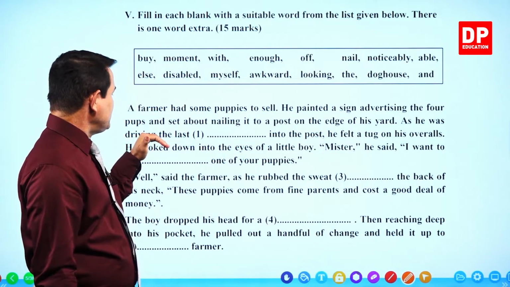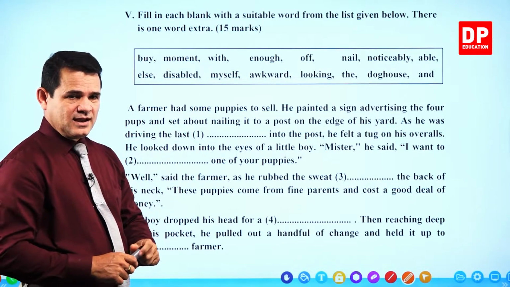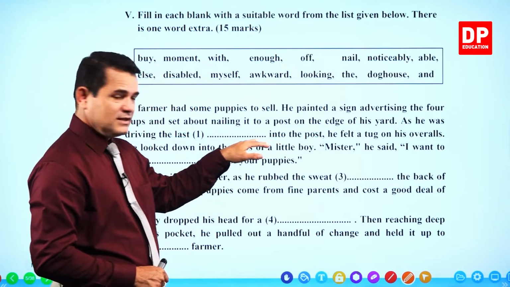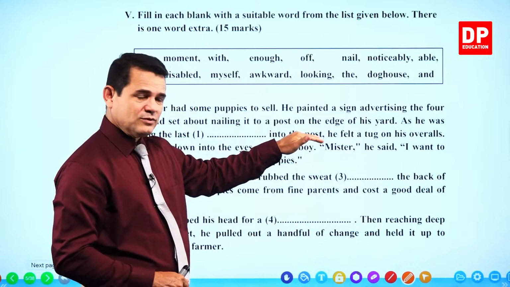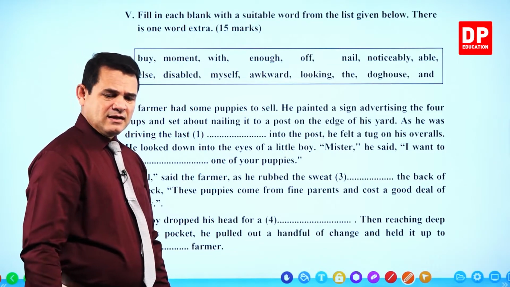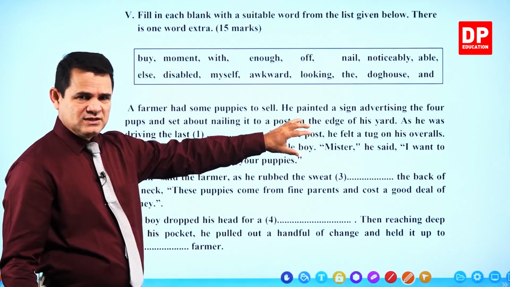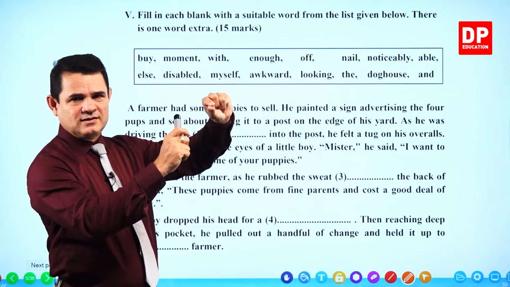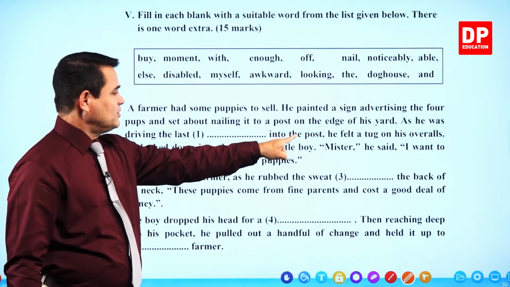As he was driving the last nail into the post, he felt a tug on his overall. එහට නිකන් අදිනවා වගේ දැන මුළු. එහෙනම් මෙතන now when you read up to the full stop you can get an idea what happens here. දැන් බෝඩ් එකක් බලු පැටව විකිනීමට තිබේ කියලා ගහනකොට එකපාරට කවුරු හරි ඇවිල්ලා අදිනවා වගේ දැන. එහෙනම් මෙතනට එන්න ඕනේ මොකද්ද? අන්තිම ඇණේ ගහනවා වගේ නේද? onto the post.